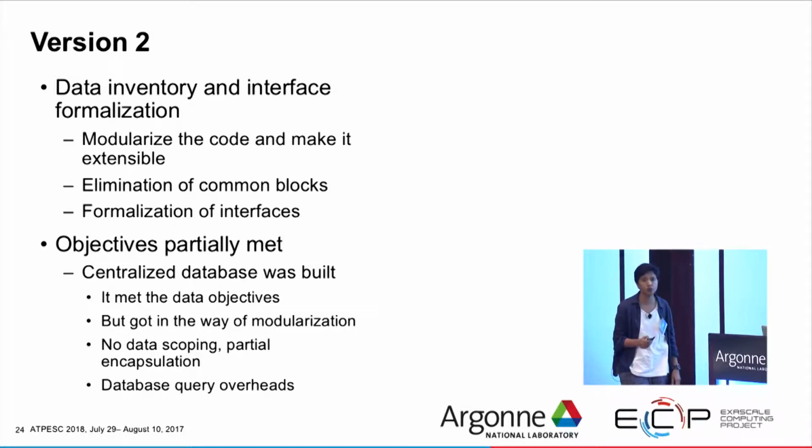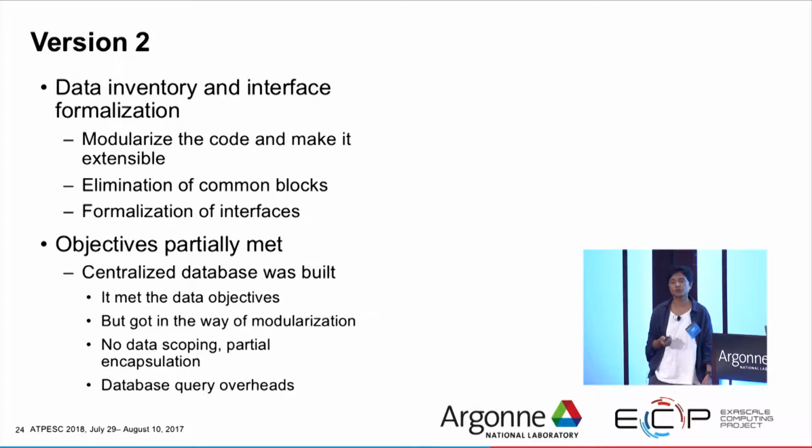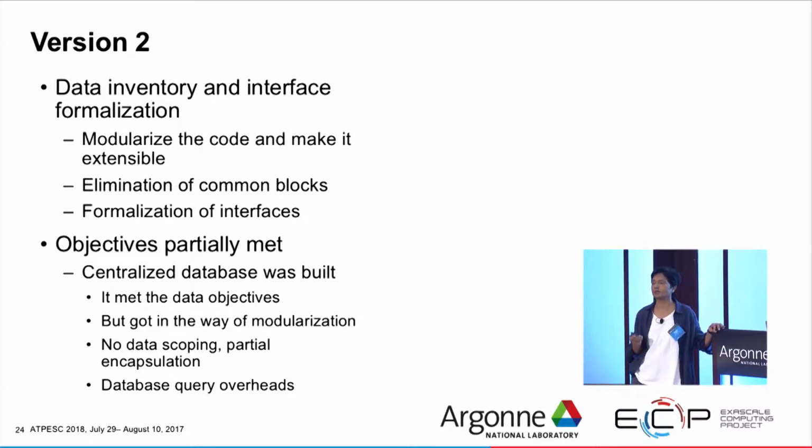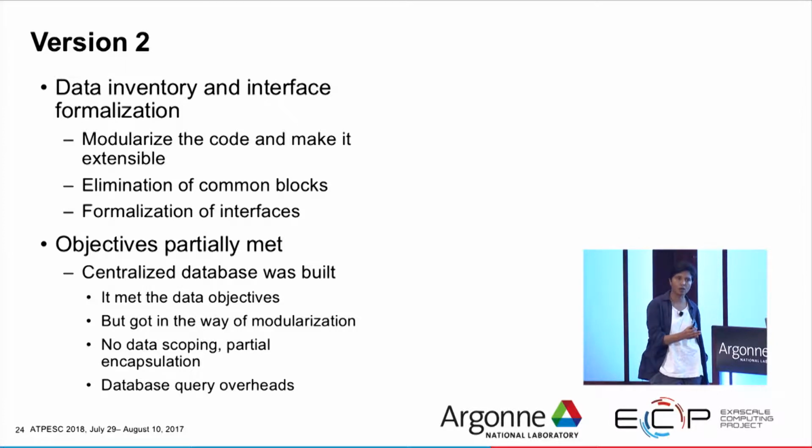In version 2, the one thing that they decided to do was to inventory the data, because one of the most confusing things about the code at this point was that, because of the common blocks, they didn't know which unit ought to own which data, or even what data existed. At that time, around 2000, the state-of-the-art practice in software architecture design was to have a centralized database.